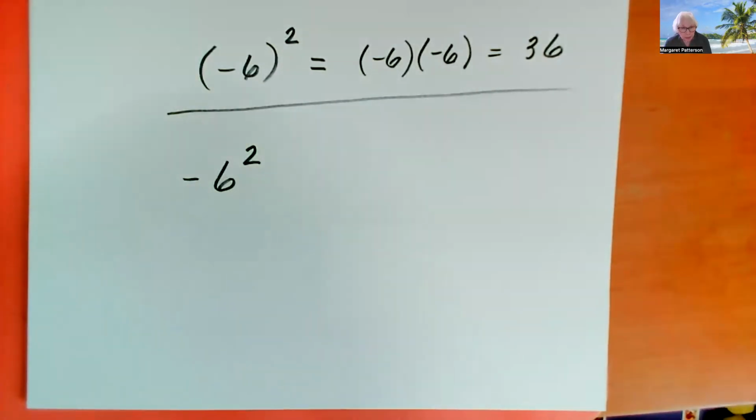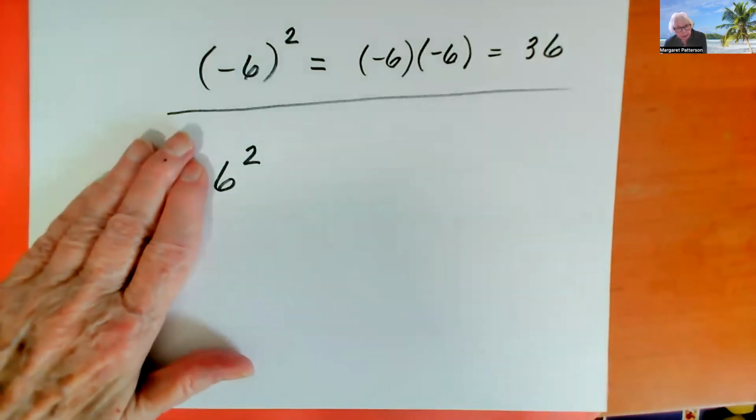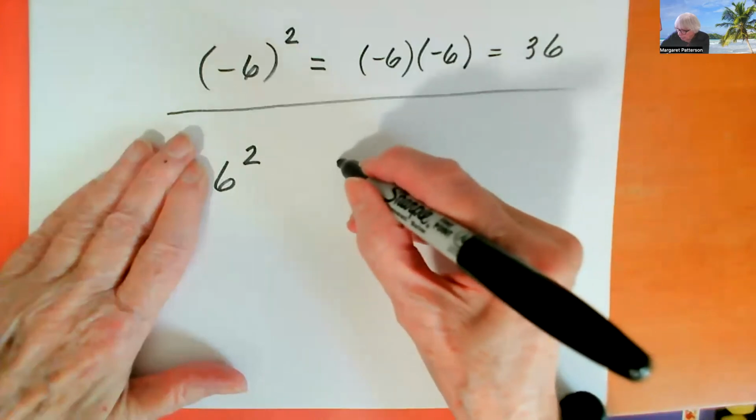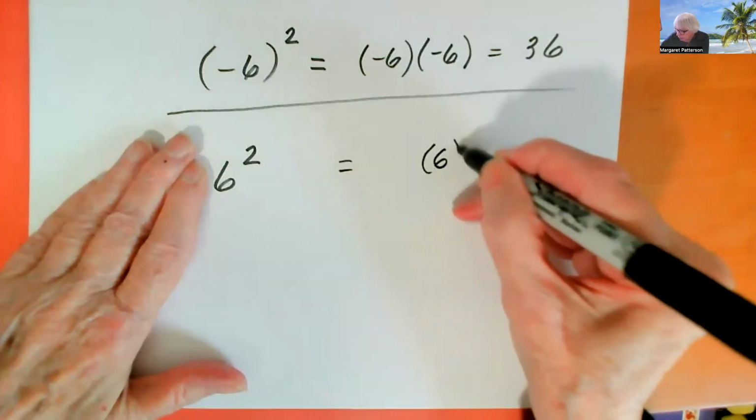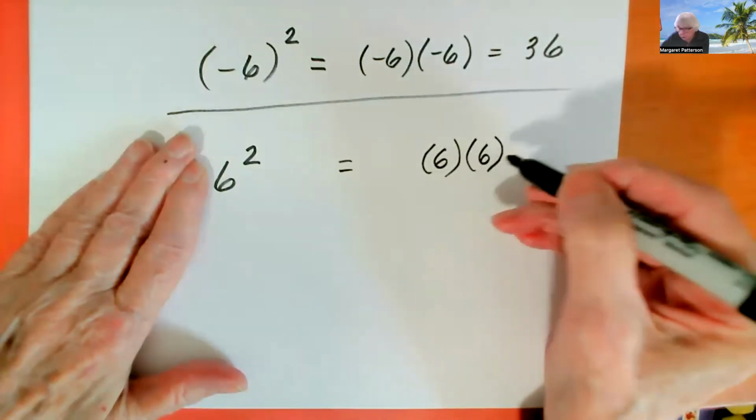Now, this particular problem does not have parentheses. So the question is, what's being squared? Is it 6? Is it -6 like the top problem? The answer is the only thing that's being squared is the 6. And so this is 6 multiplied by 6.